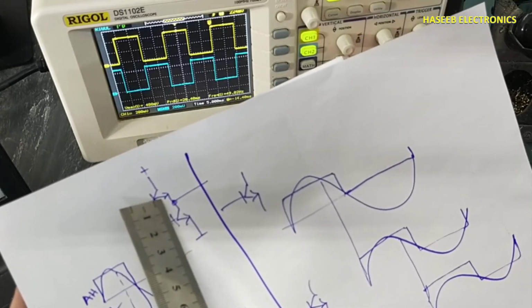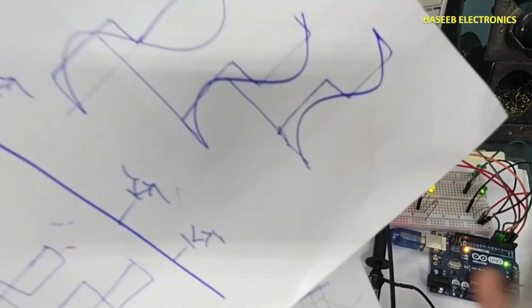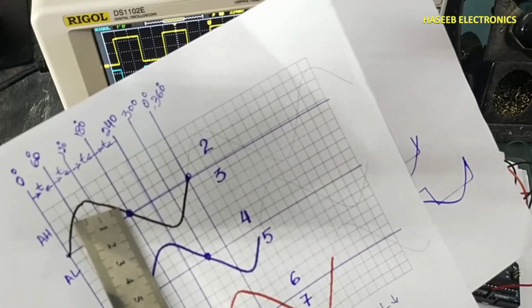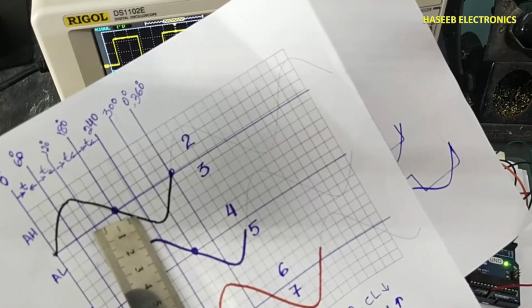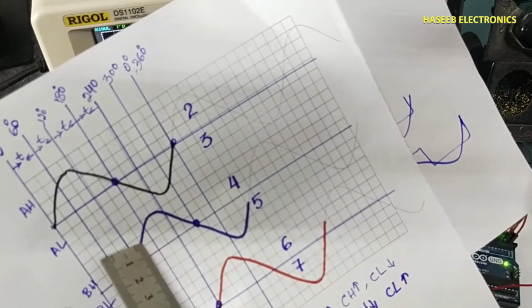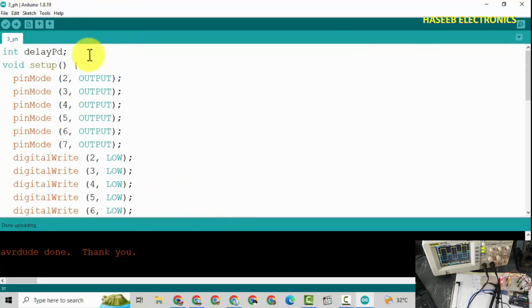For that purpose, we will allocate dead time between these two positions, where when 2 is turning off, 3 is turning on, or 5 is turning off, 4 is turning on. At this junction we will provide a delay period. We will allocate dead time.